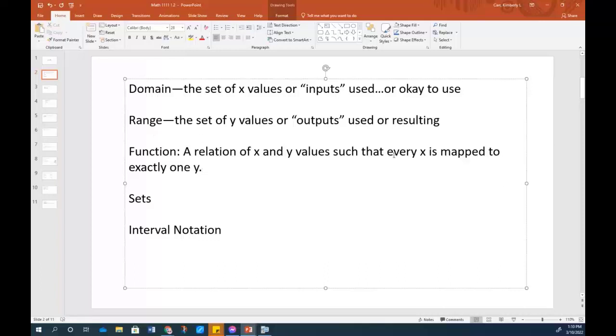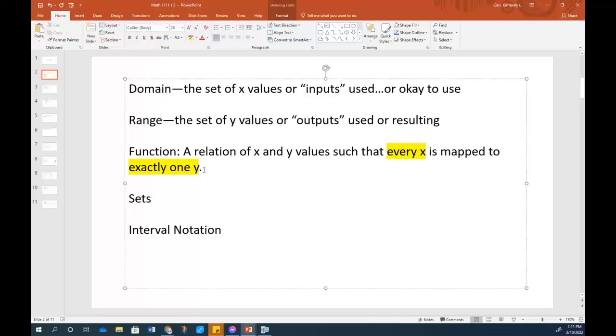Now, key thing here: every x and exactly one y. We never said that it had to be every y, and we never said that we couldn't use more than one, we couldn't use x again. But every single x has to have one y, and we'll look at what that is.